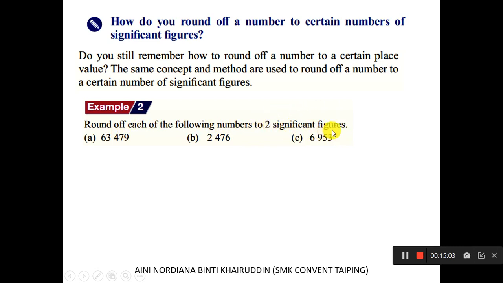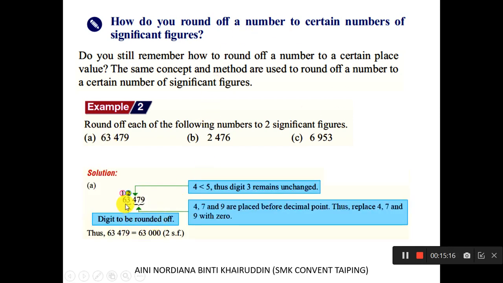So your answer should be in 2 significant figures. Okay, have a look at example A. This is the first significant figure, and the next digit will be the second significant figure.